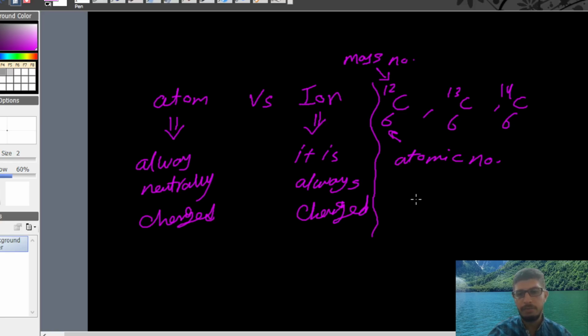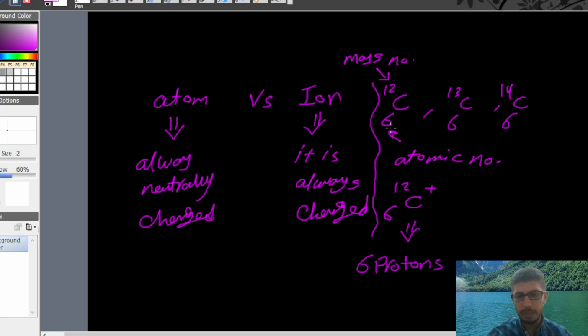So an ion, for example, could be carbon 12 with a positive charge. What does it mean? That means you have 6 protons.